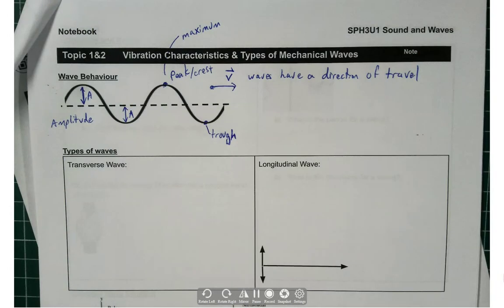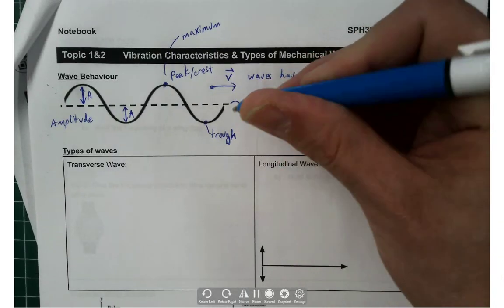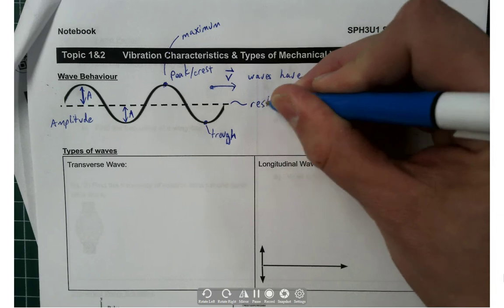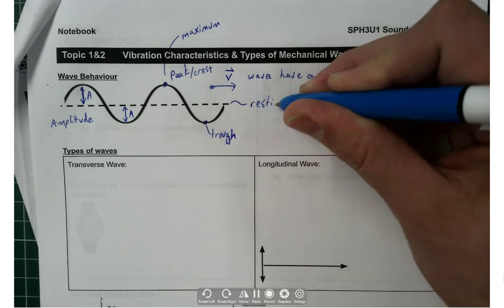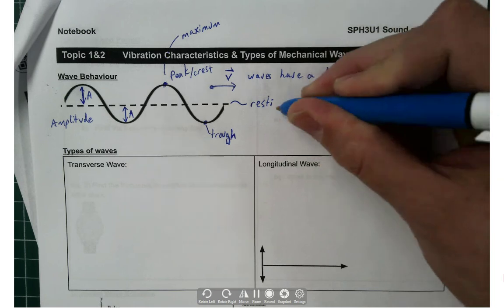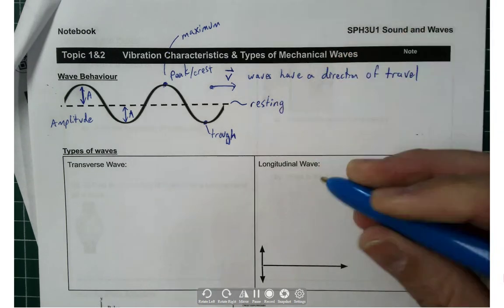So this wave, like any other wave, has a direction in which it's traveling, a velocity vector. There's also this dotted line here. And a classical mechanical wave needs a medium. And so we talk about that medium, like for example, water has a resting position.